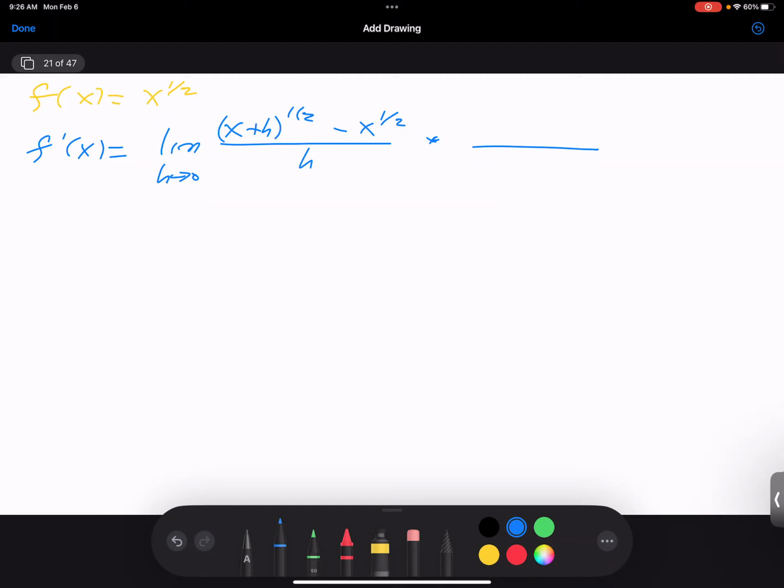If I just do x plus h, that's not going to interface nicely with the square roots. (x plus h)^(1/2), but I need a little bit more, plus x^(1/2). And then I can divide by itself.